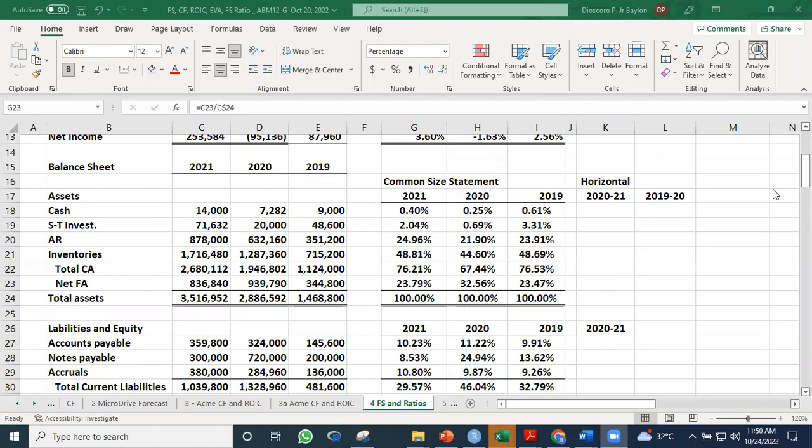So that could mean a lot. Ibig sabihin, baka mabagal yung collection nila. Yung mga players sa industry, ang limit ng AR nila 20%. Tayo 25%. So ang question dyan, is it because we're collecting slowly?